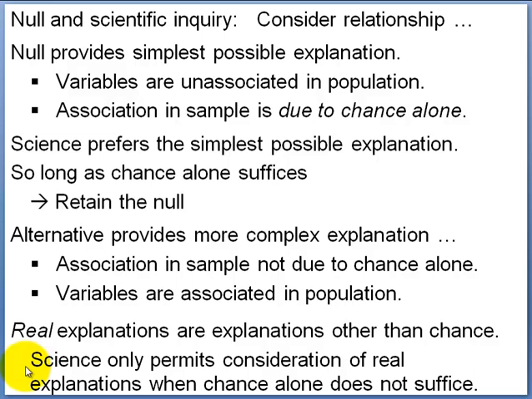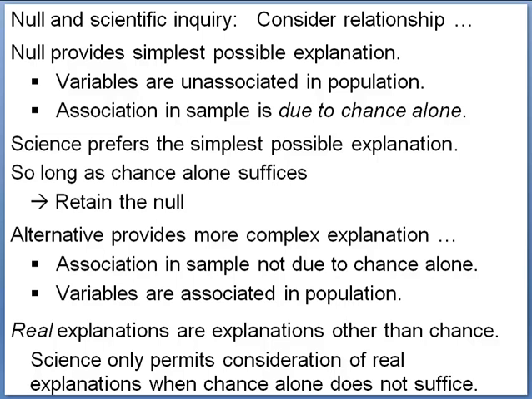So when we're accepting the alternative, we're in essence concluding that there is a real association in the population. When we accept the alternative, we're really saying that there's a non-chance explanation for the result.